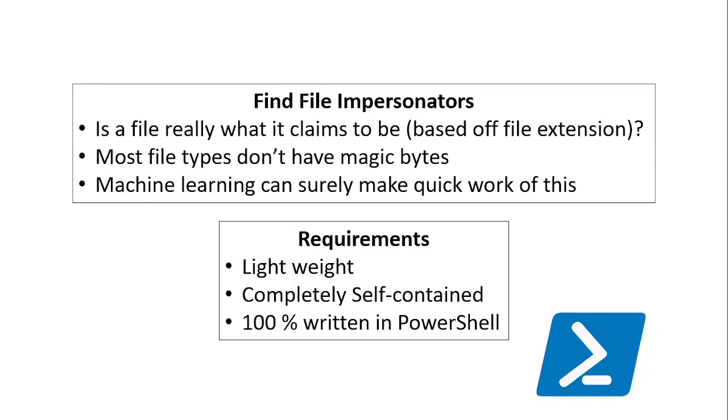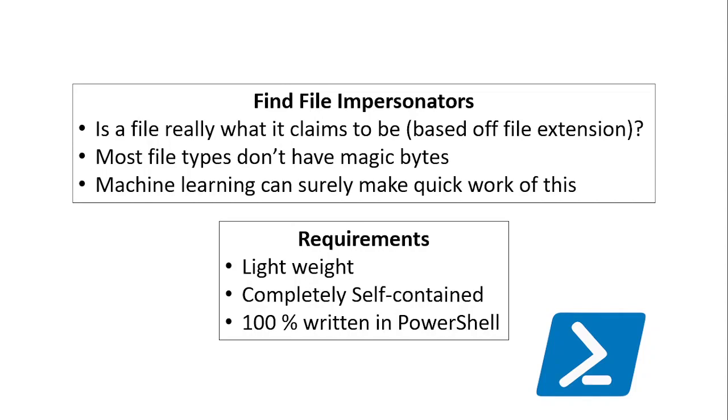We're all familiar with magic bytes. It's a signature at the beginning of a file that indicates the file type, but most file types don't have magic bytes. So the concept of applying machine learning to this problem was to try to figure out how to do that same thing just in the absence of magic bytes.